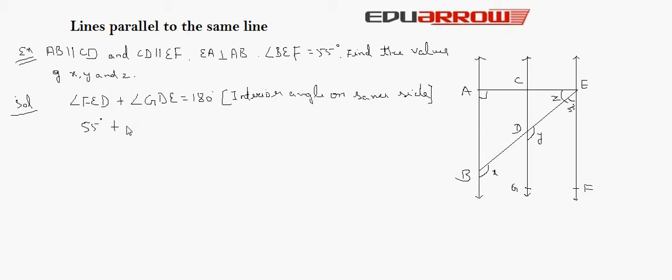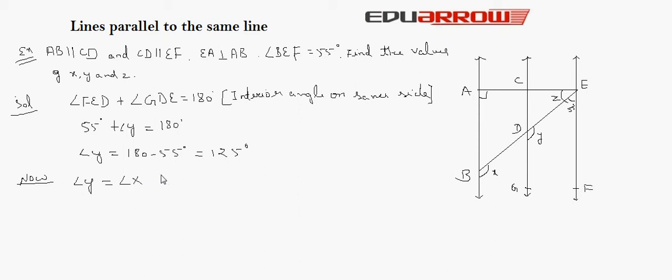Now angle FED is equal to 55 degrees, it is given, plus angle GDE, denoted by Y, is equal to 180 degrees. Therefore angle Y is equal to 180 minus 55, that is equal to 125 degrees.